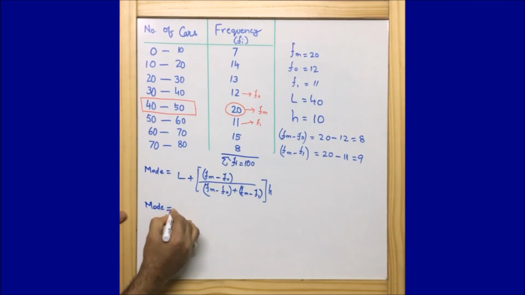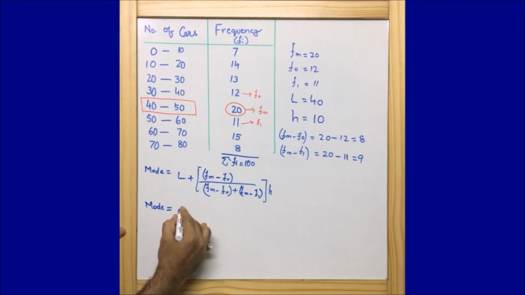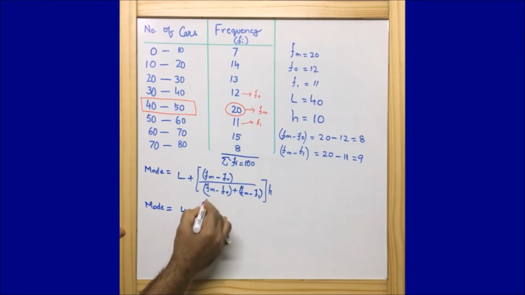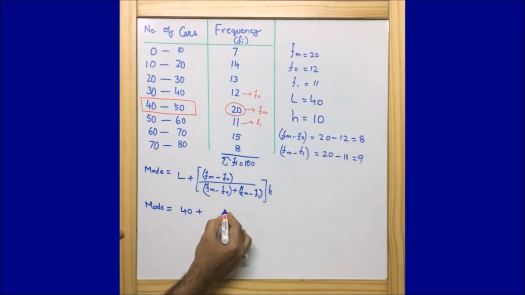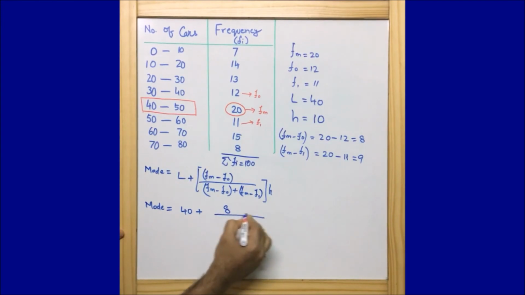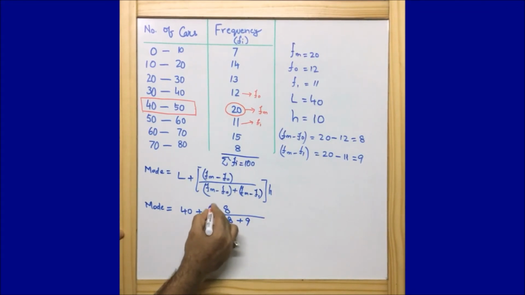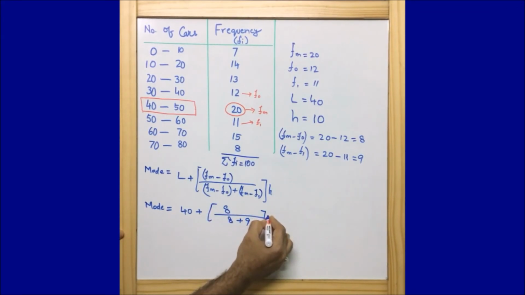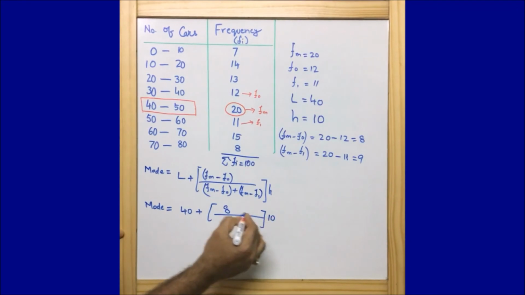So we can write mode is equal to L. L is 40 here, plus Fm minus F0 is 8 upon 8 plus 9, into 10, the class height is 10.